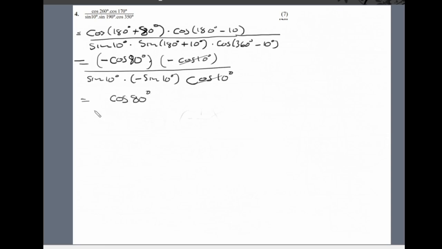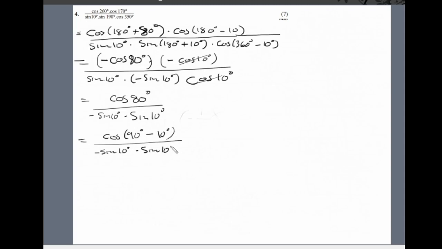Okay, and then in the denominator we will have minus sin 10 times sin 10. Okay, and then cos 80 can be written as cos (90 minus 10), right?